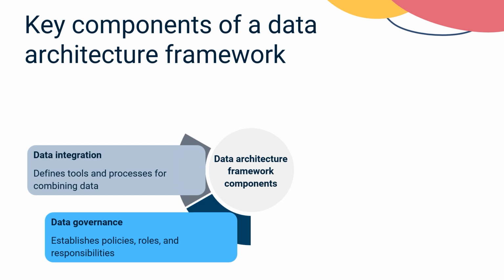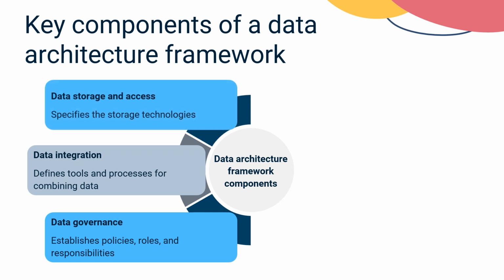This component supports data warehousing, extract, transform, load or ETL, and real-time data pipelines. Data storage and access help specify storage technologies such as relational databases or data lakes and access protocols. This enables optimizing performance and scalability.